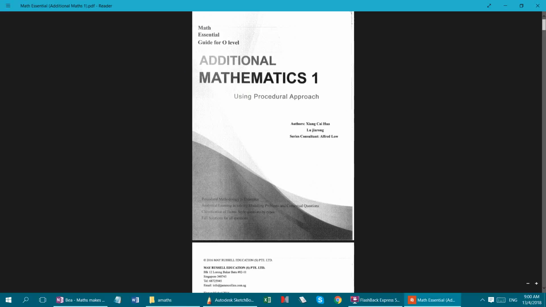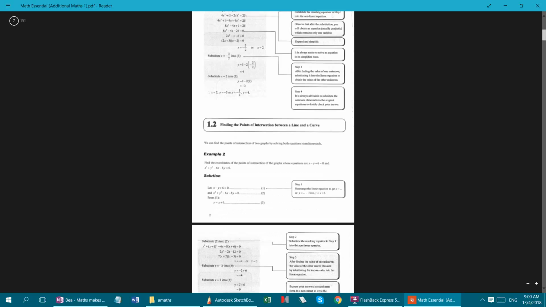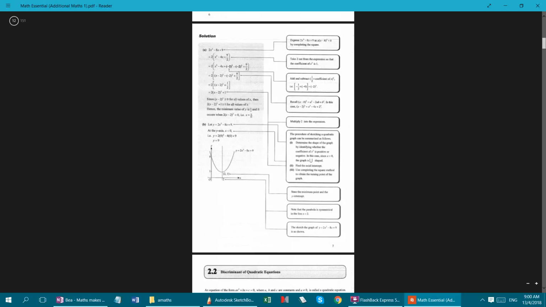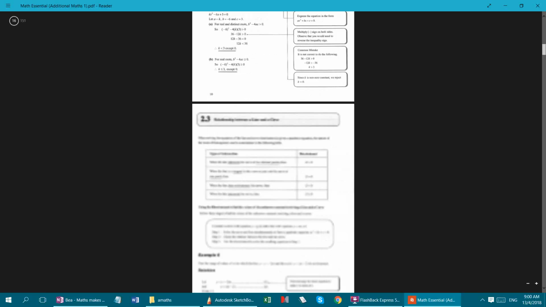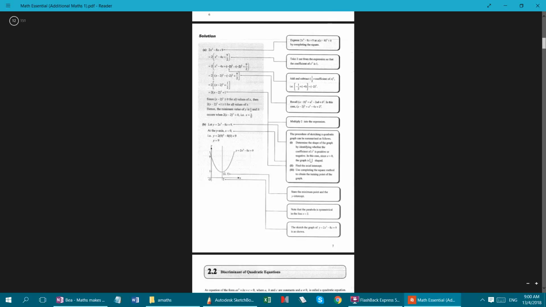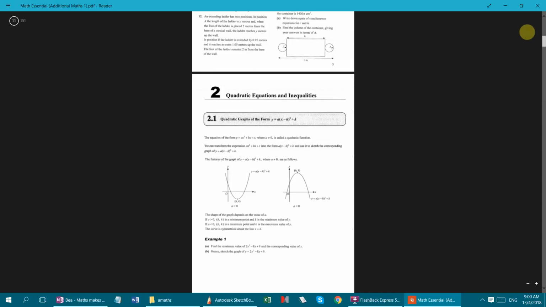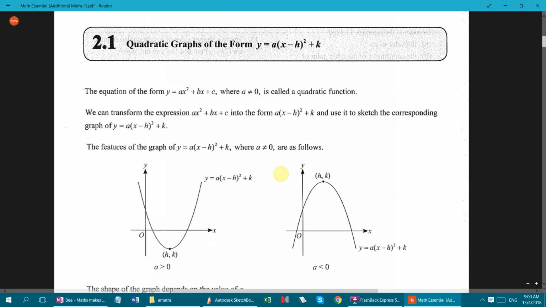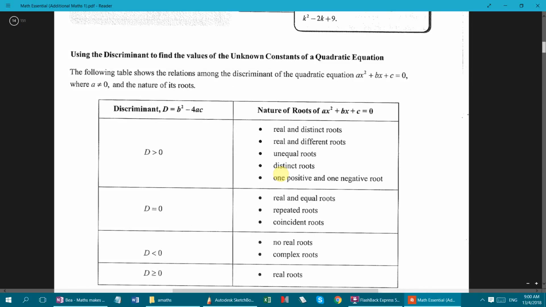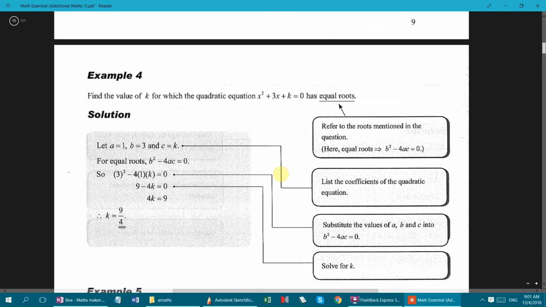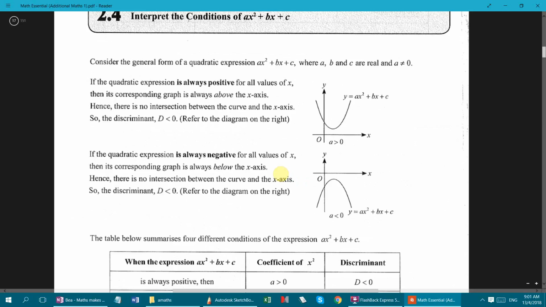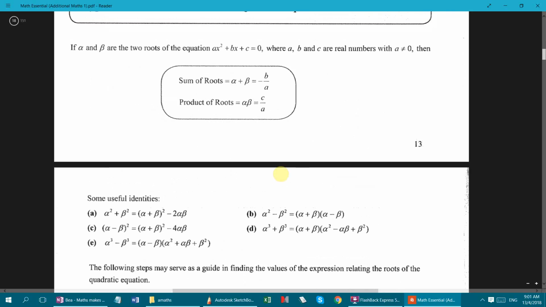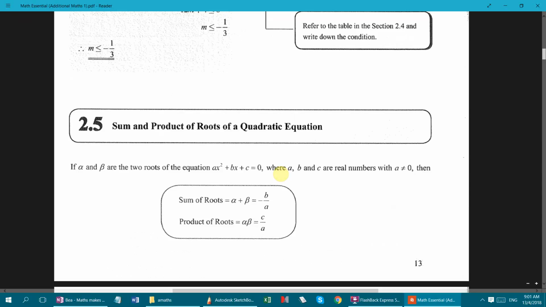When I mean roots of equation, it actually means sums of roots and products of roots, this particular part, you can see over here.